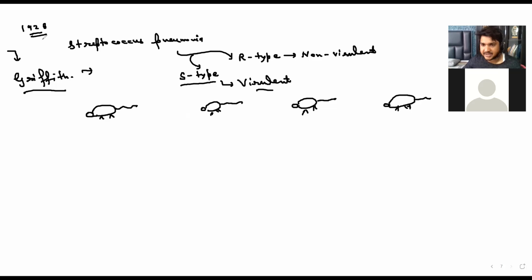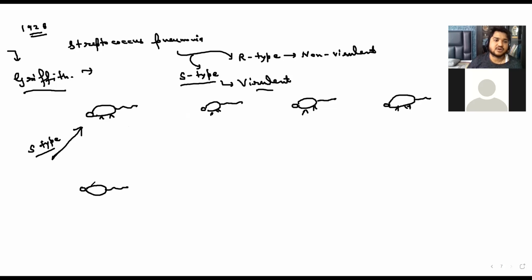So firstly, this is my injection. I have taken not a vaccine, but a virulent, which means S type. If I inject this virulent S type into this rat, it causes pneumonia. Will the rat die or remain alive?